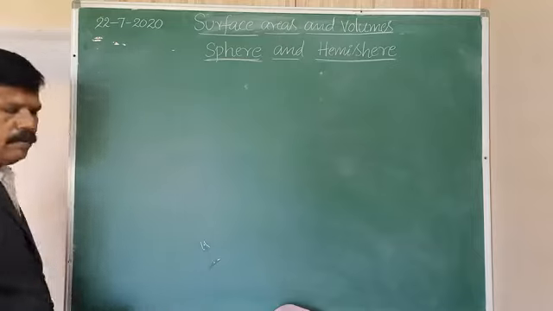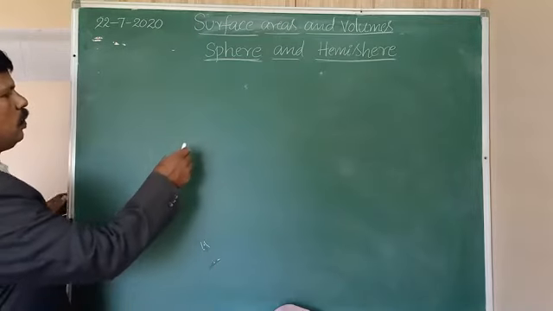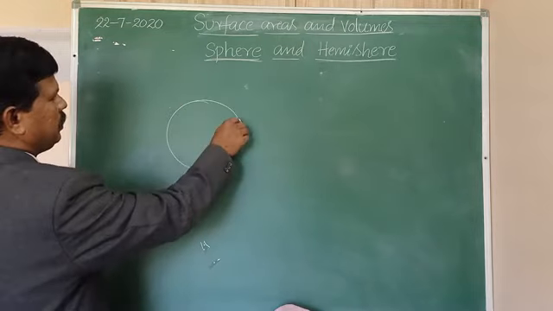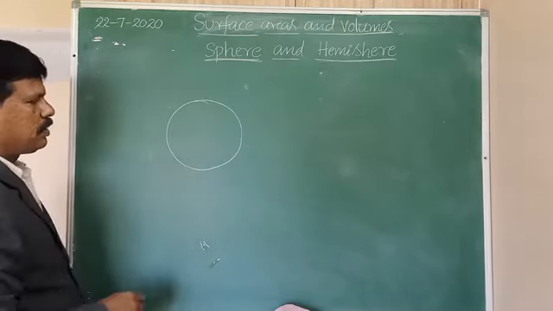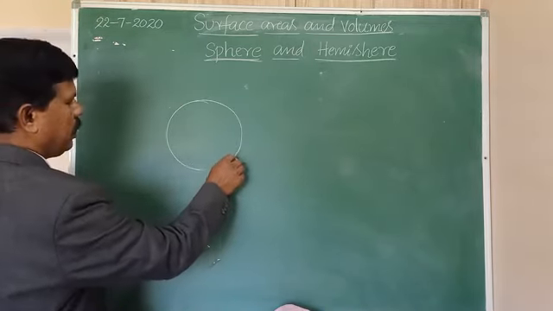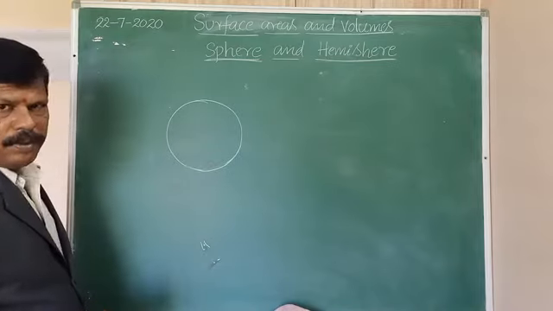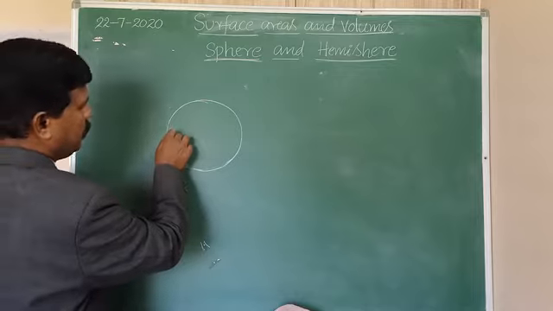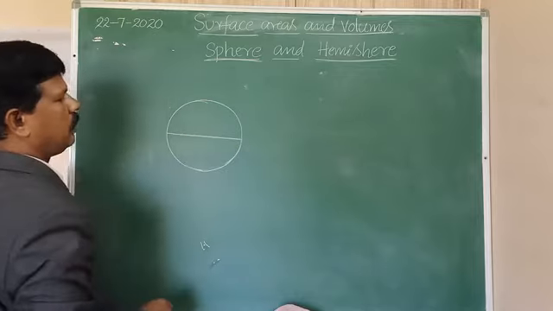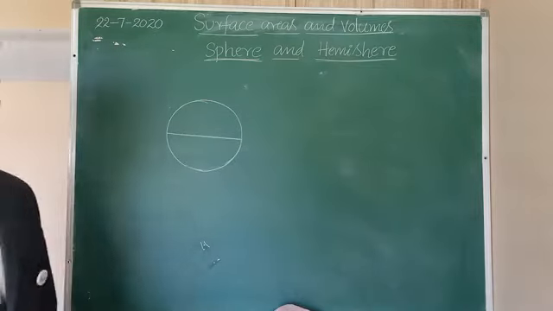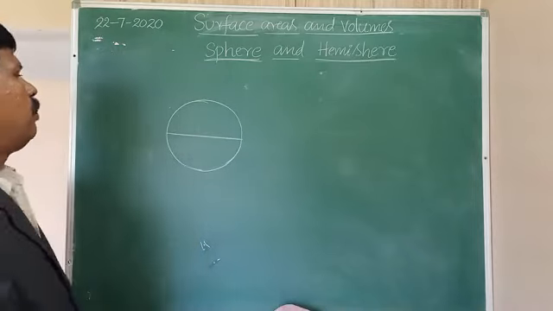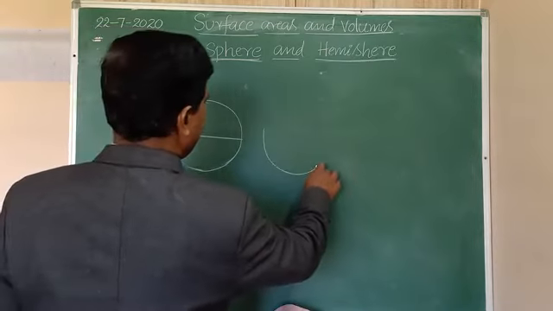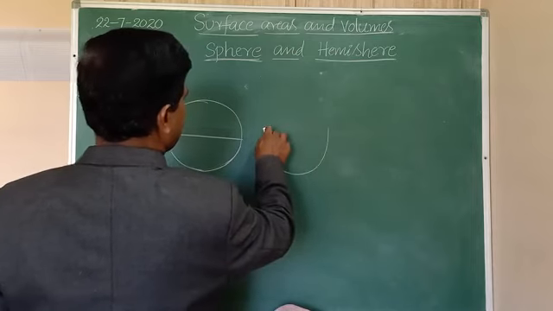The simple one. What you can do is you have a plastic ball. Imagine that this is a plastic ball which is a round shape. Now at the center you have a mark. Along that you cut the ball. Okay, when you cut the ball, you will get a bowl structure like this.